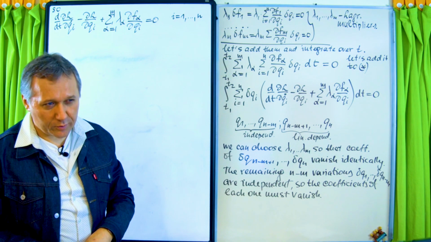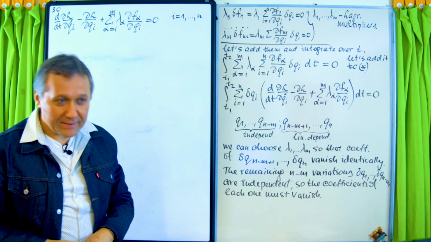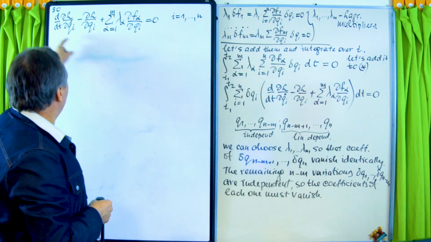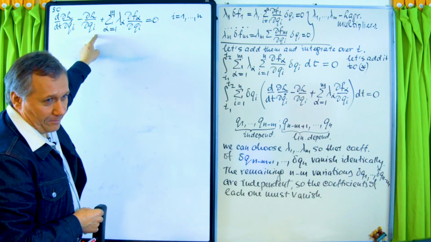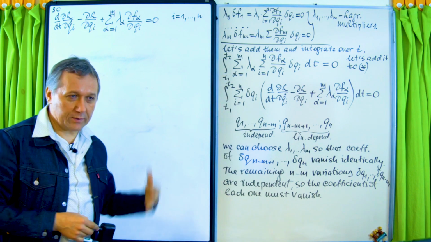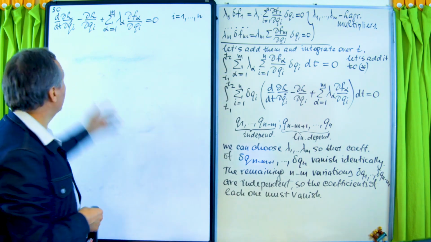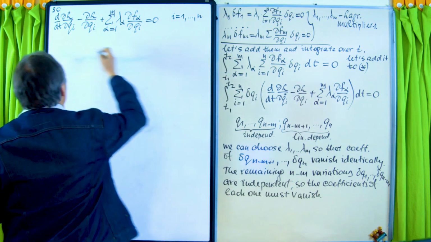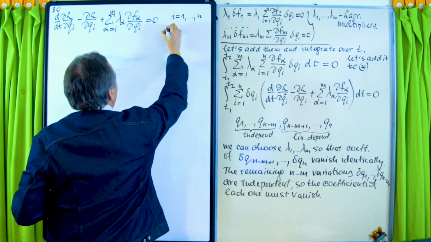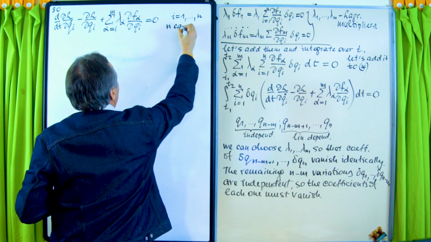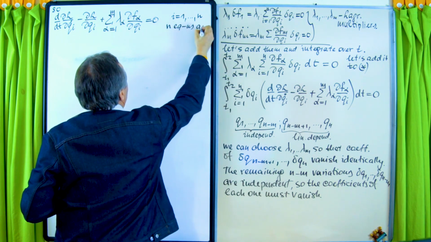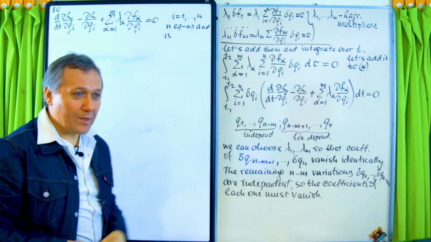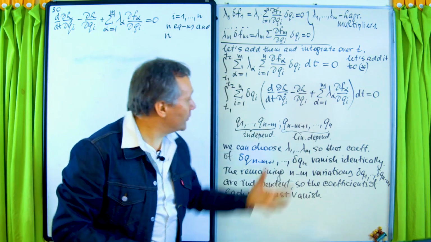How many unknowns do we have in these n equations? First, all these coordinates, which describe the evolution of the system, the life of the system. Of course, there are n of them.